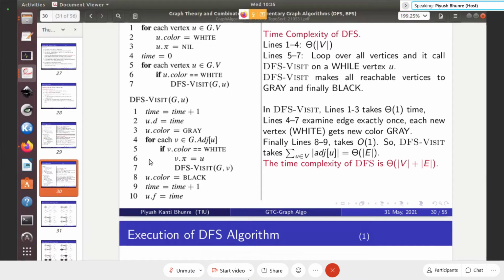So I just told you a few hints on the way you have to implement this using a stack. You have to rewrite the DFS visit algorithm using a stack. Just give a thought to it and try to do that. It's good practice, and it will help you a lot when you use the DFS algorithm for problem solving.